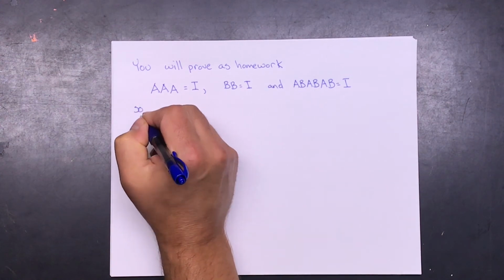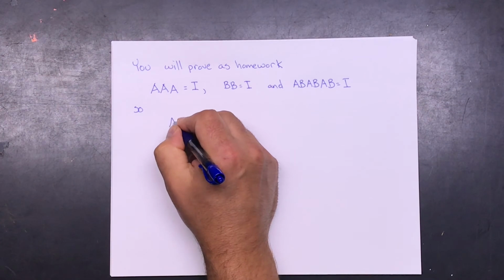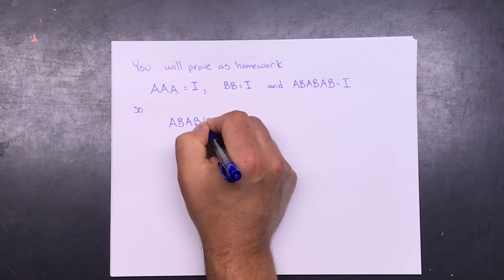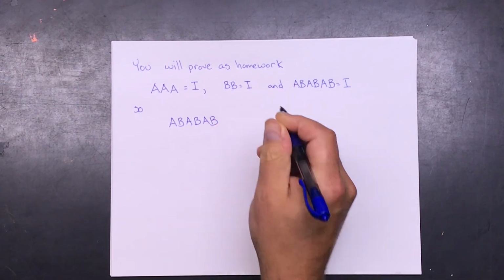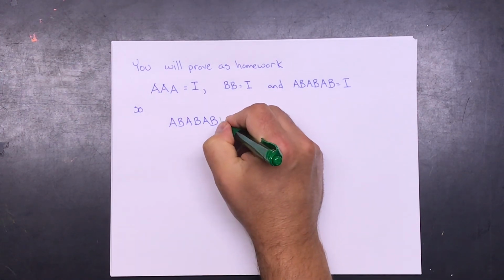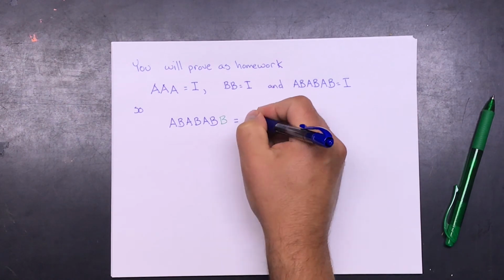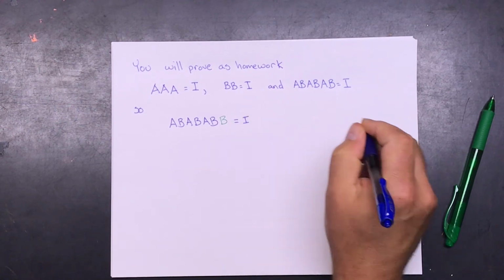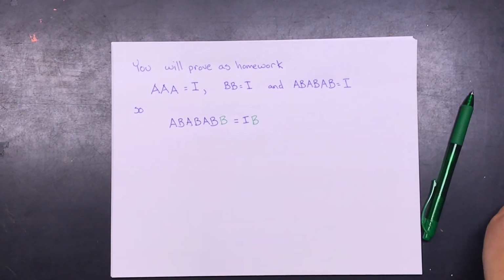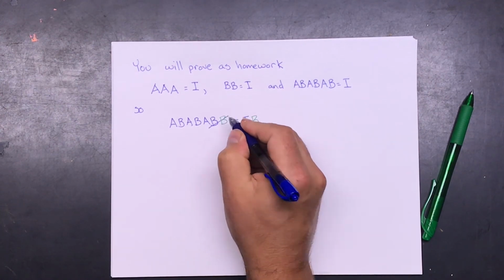So let's use that last one. Multiplying by B on the right on both sides of the equation, we get AB, AB, AB times an additional B is equal to the identity matrix times an additional B on the right. Two B's together is the identity, so we can cross those off.